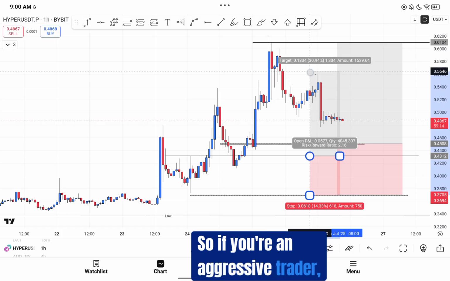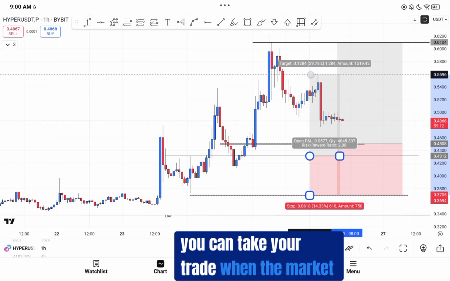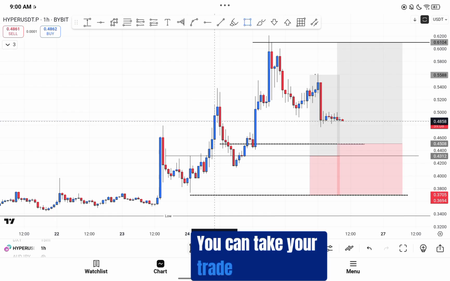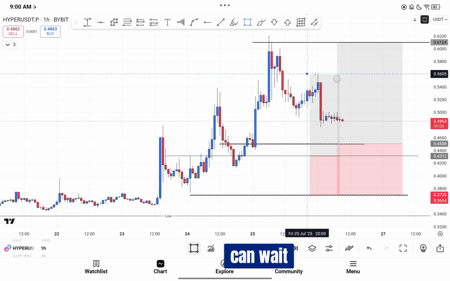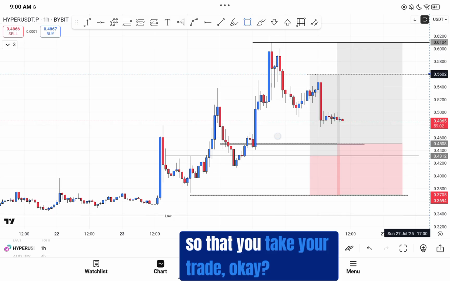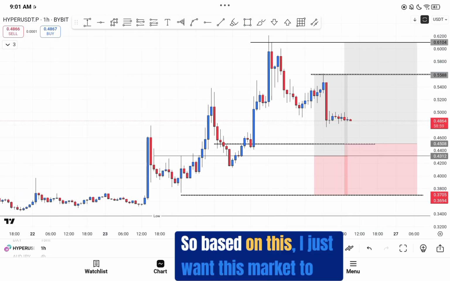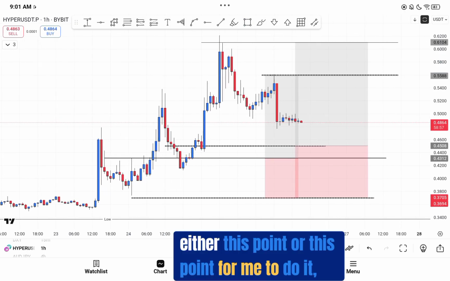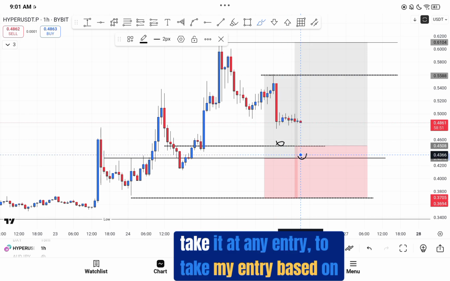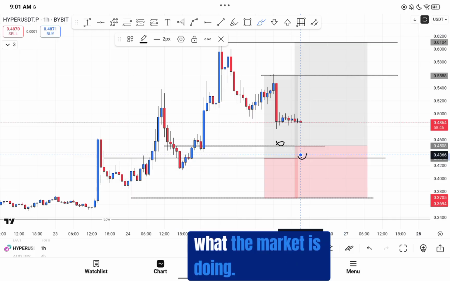So if you're an aggressive trader, you can take your trade when the market hits the first point, or you can wait for the market to hit the second level so that you take your trade. Based on this, I just want this market to come to either this point or this point for me to take my entry based on what the market is doing.